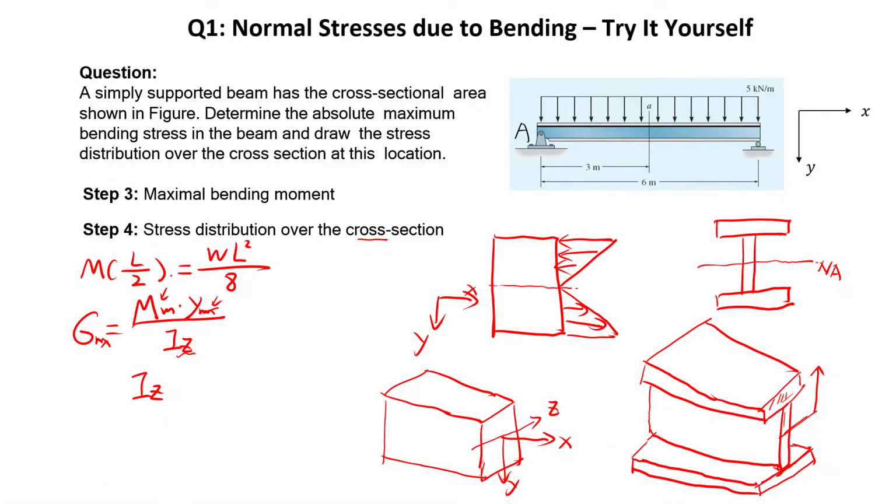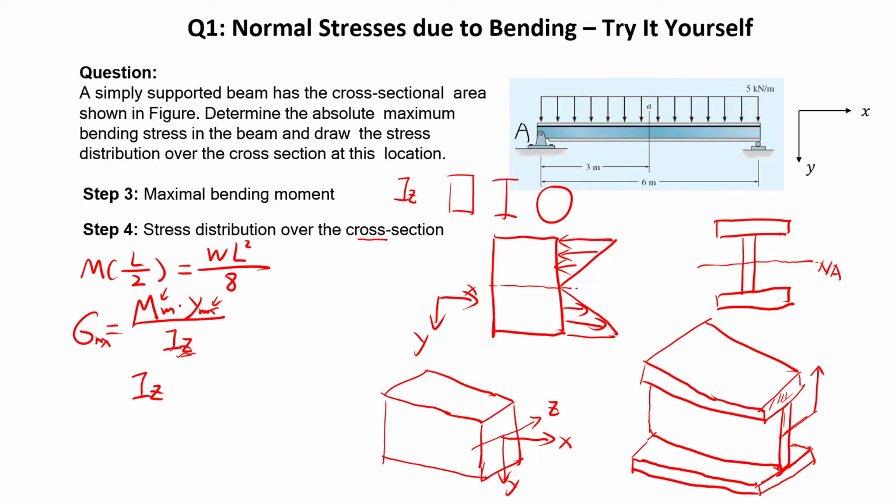I just checked that no matter what your cross-section shape is, rectangular, I-beam, or circular, when you calculate the Iz, it will be a constant as the bending rigidity against the bending moment.